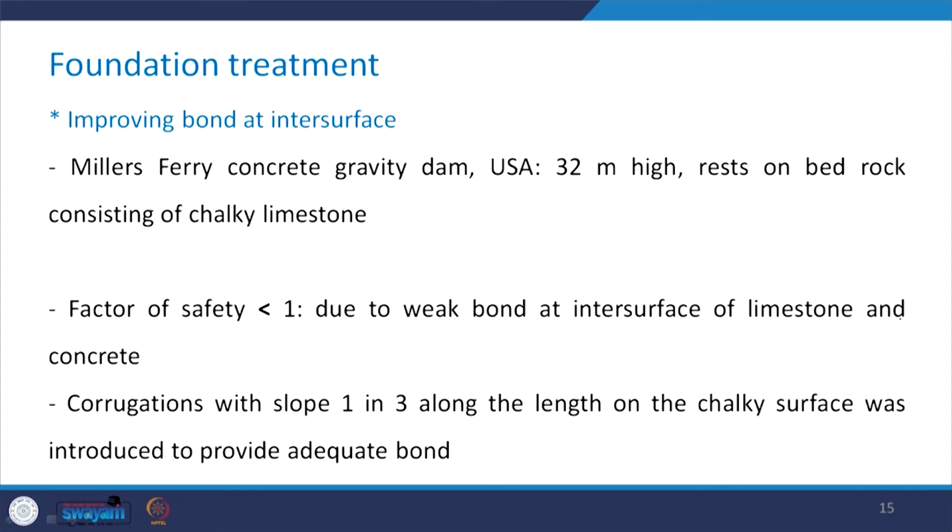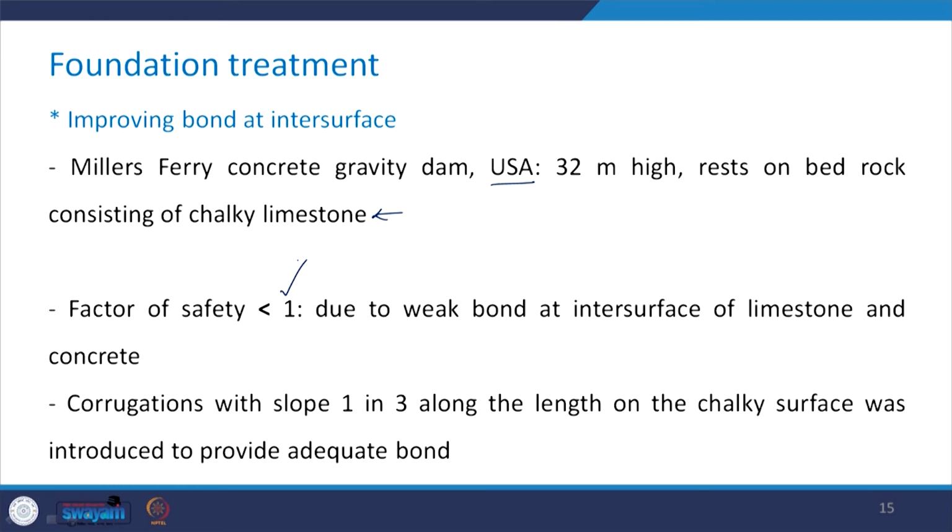The next one is say the situation is such that there is not a proper bond at the interface or intersurface. Such a measure was adopted in Miller's Ferry concrete gravity dam in USA, which is 32 meters high, and it rests on bedrock consisting of chalky limestone. And the factor of safety was found to be less than 1 because of the weak bond at the intersurface of the limestone and concrete.